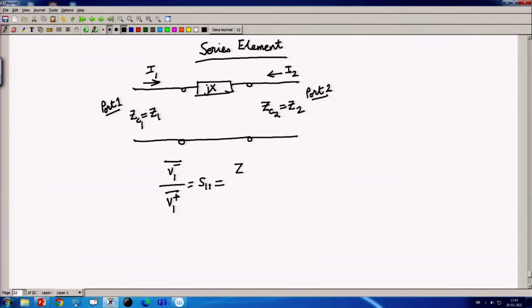And that is equal to (Zin minus Z1) by (Zin plus Z1) with port 2 matched.